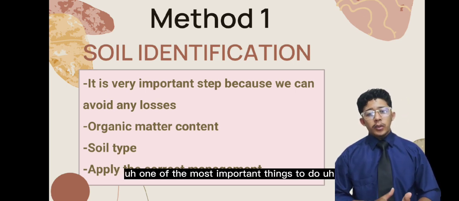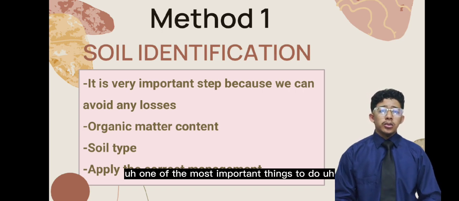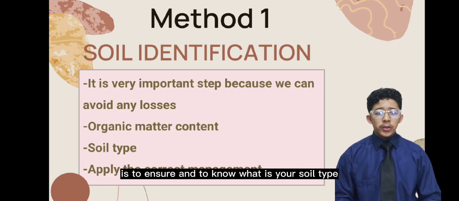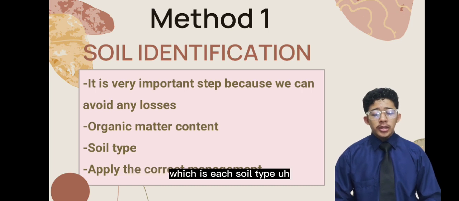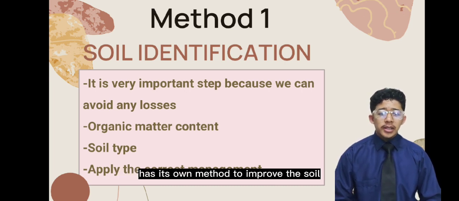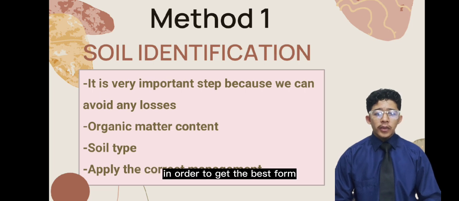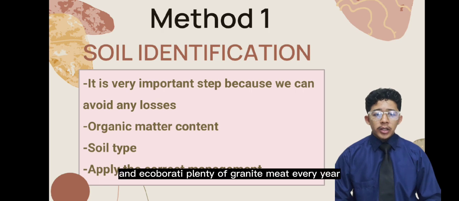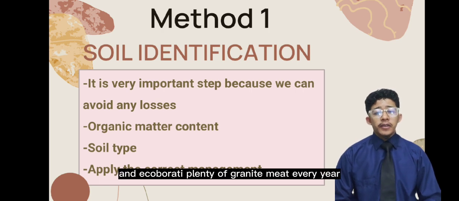Besides, one of the most important things to do to maintain the soil fertility is to know what your soil type is, because each soil type has its own method of improvement in order to grow and survive well, and incorporating plenty of organic matter every year.